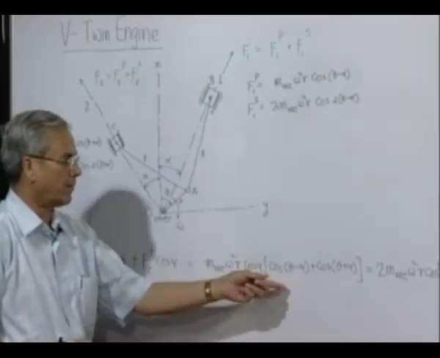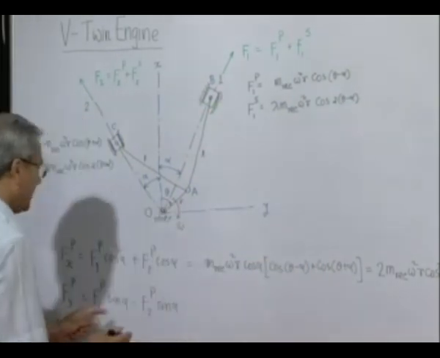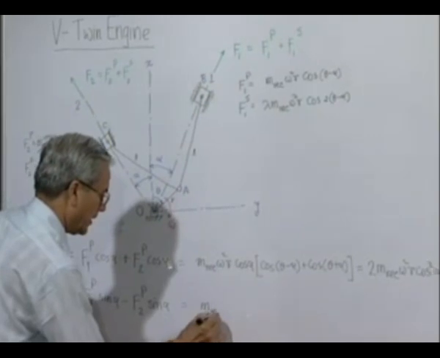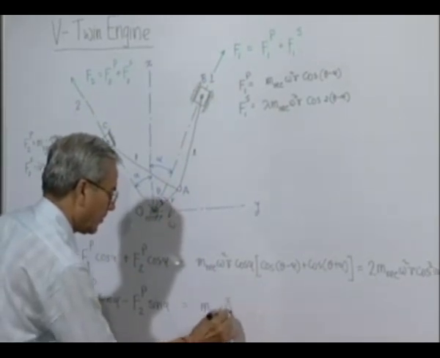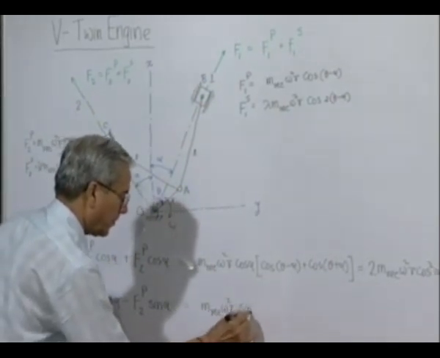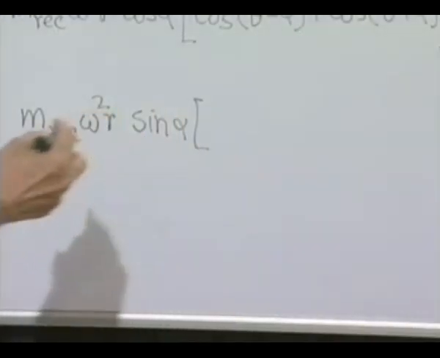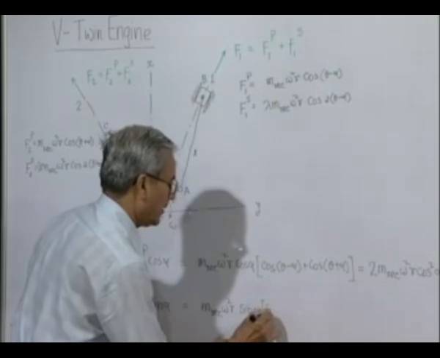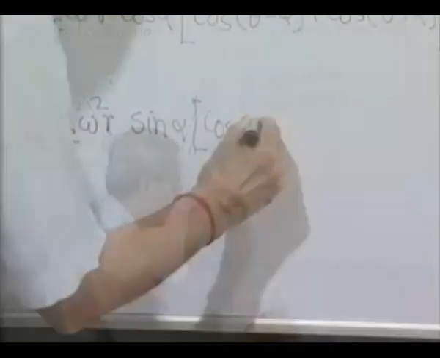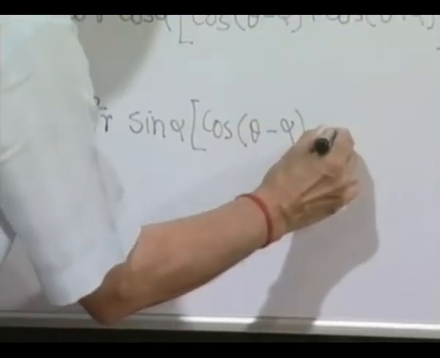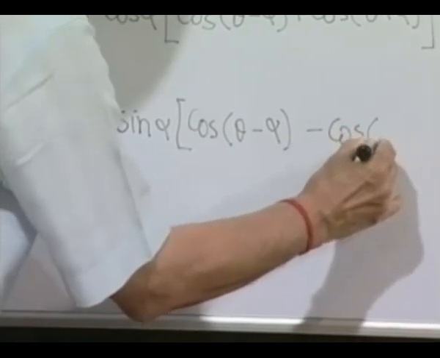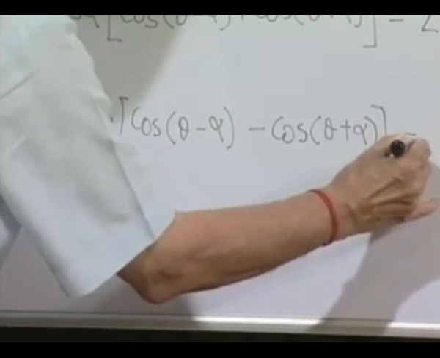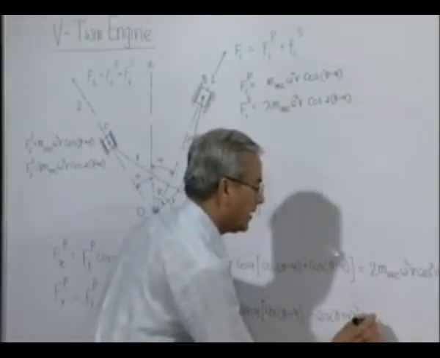Because the sine theta sine alpha term cancels, and here in a similar way we take this common, and inside we have cosine, and expanding and simplifying.